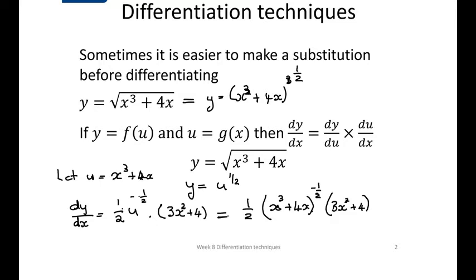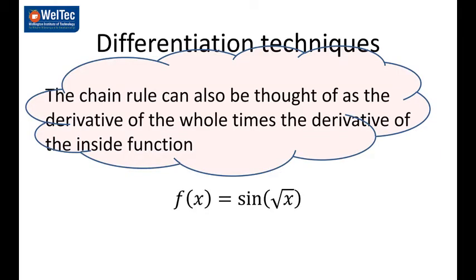So the derivative would be a half times something to the power of a half minus 1, which is negative a half, times the derivative of that something, which is the third part here. So you can either do it explicitly using the chain rule, which you are given, or you can think of it as the derivative of the outside function times the derivative of the inside function. Let's do it like that this time.